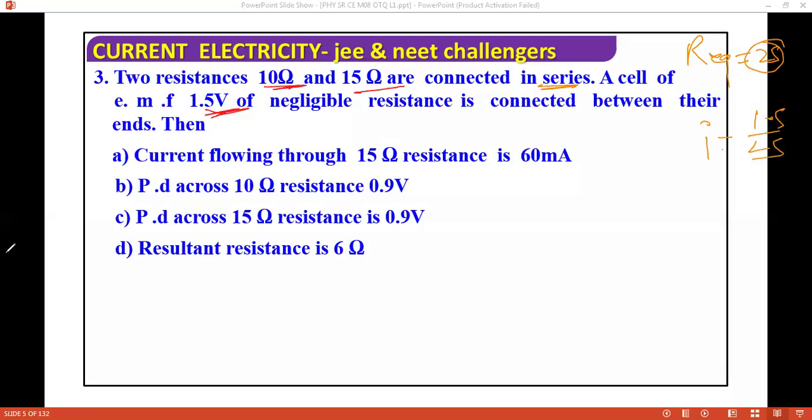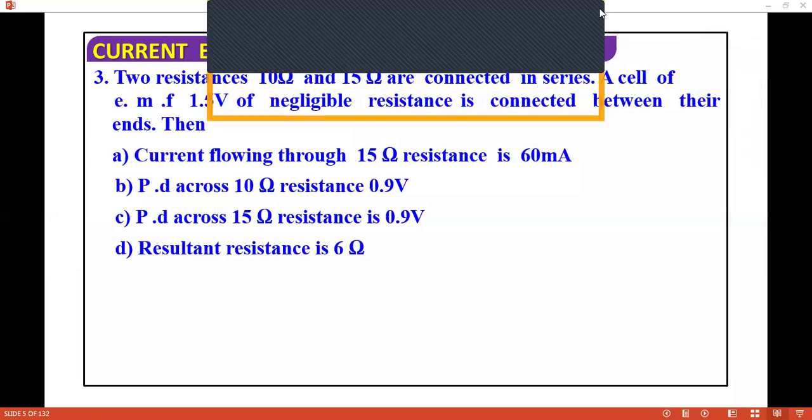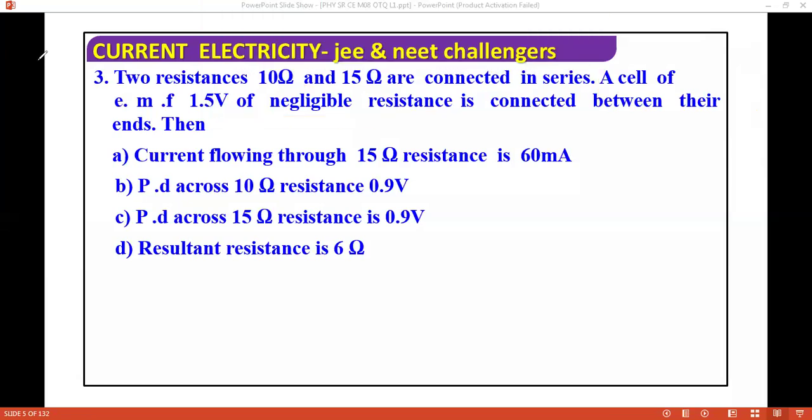Since the resistors are connected in series, the current will be equal in both. Once you get the current, you can find the potential as well. The options are given.